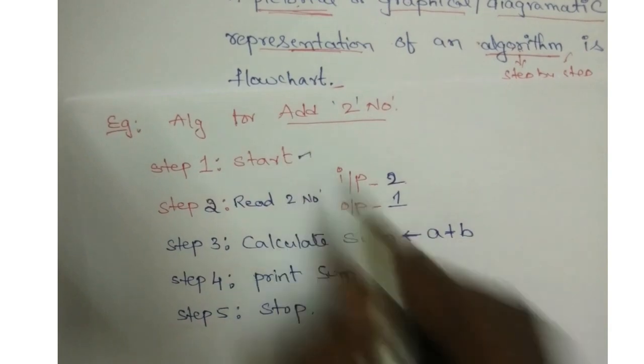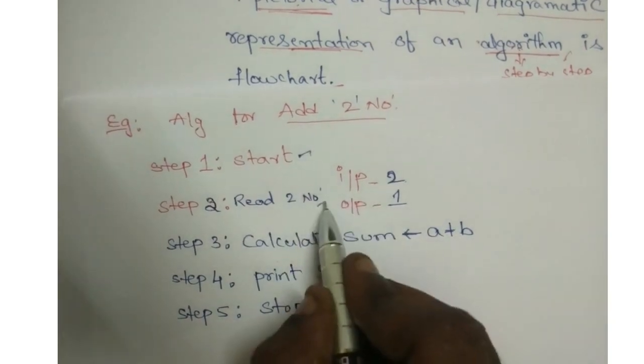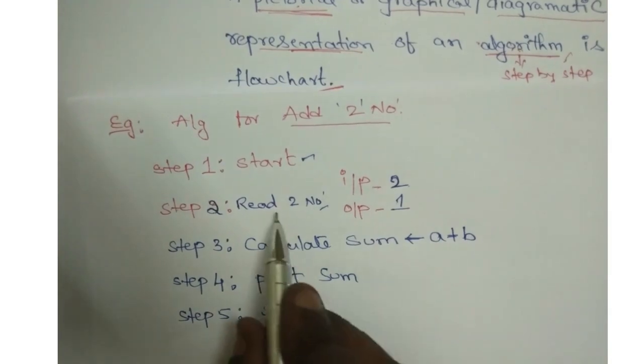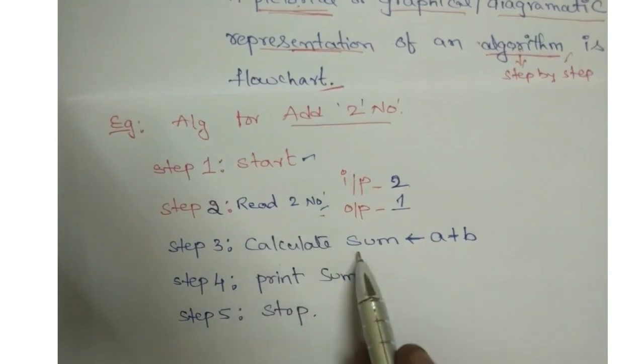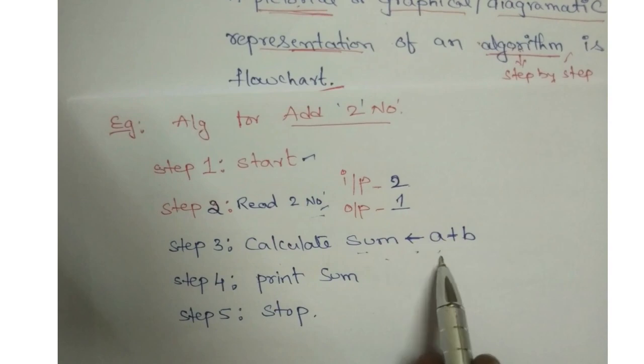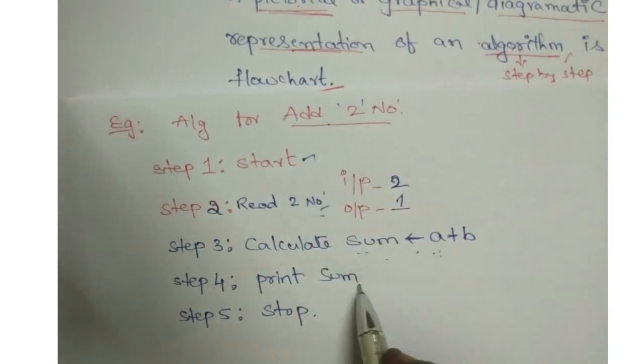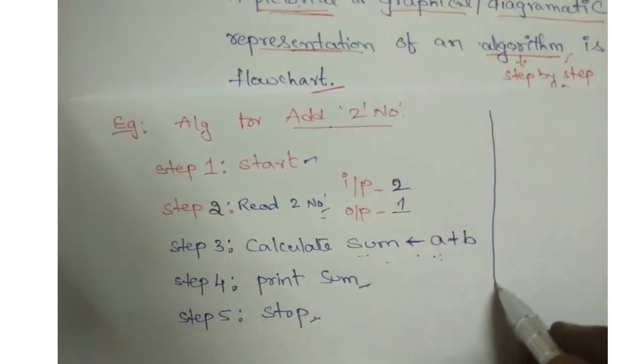That means start your algorithm. After that, read the inputs required to solve your problem. Once you know the inputs, then you have to calculate. That is the process to solve the given problem. Once processed, show the result of your problem statement. And finally you have to stop. That is the algorithm. Right?